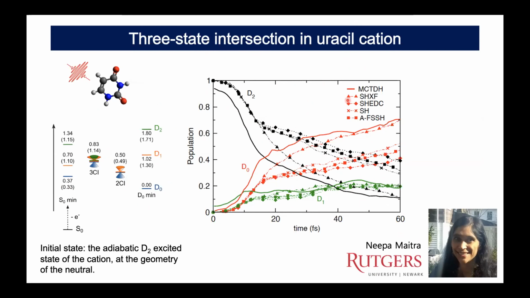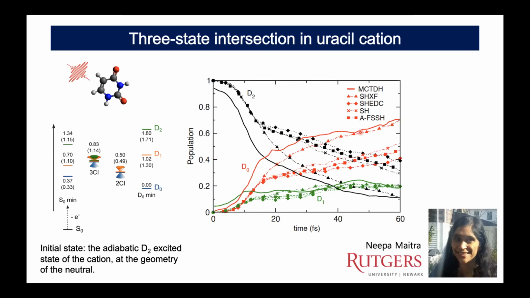The triangle dashed line is the result from DISH-XF. The other lines are conventional surface hopping and surface hopping with a little bit of decoherence correction. As you can see, we were surprised to see that our approach shows the best result compared to the MCTDH result.